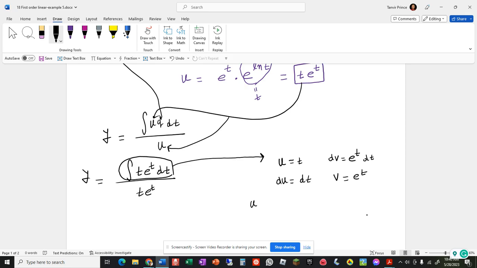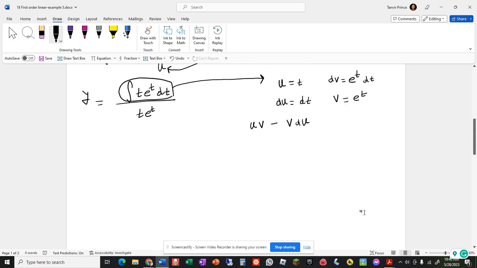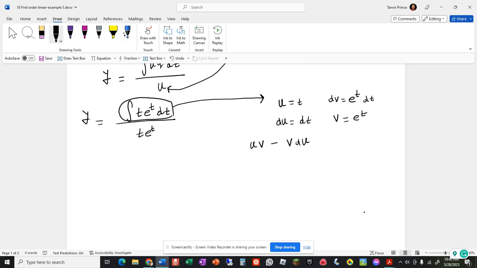So uv minus integral of v du, that's the formula. So in this case, my uv is t e to the t minus, sorry, integral of v du, apologies. So integral of v, which is e to the t, and du, which is dt. And of course, the integral of e to the t is just e to the t.